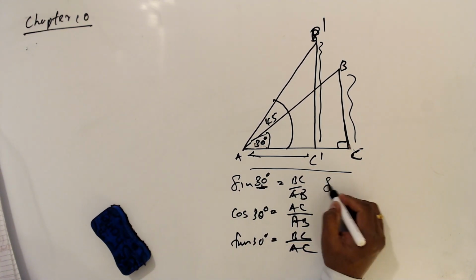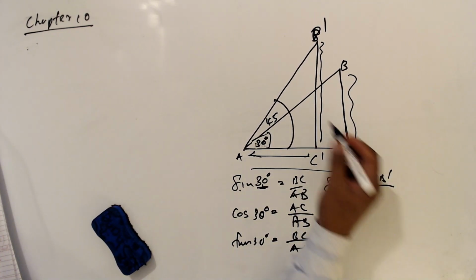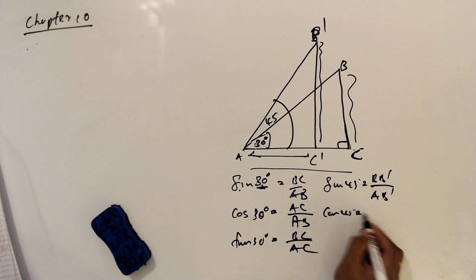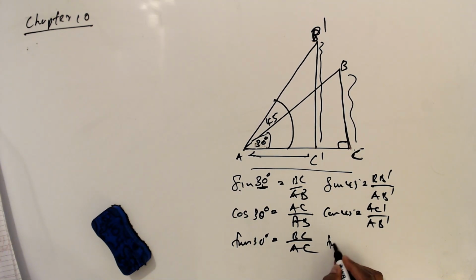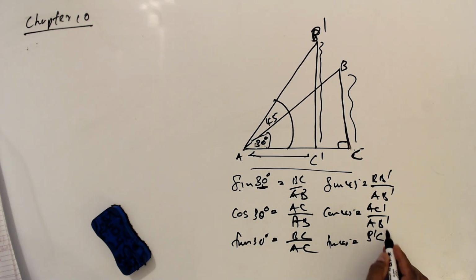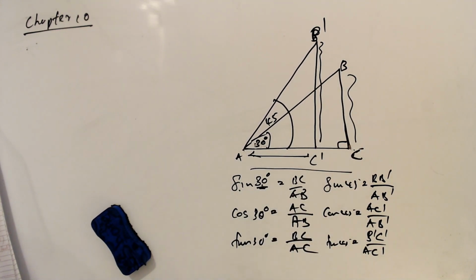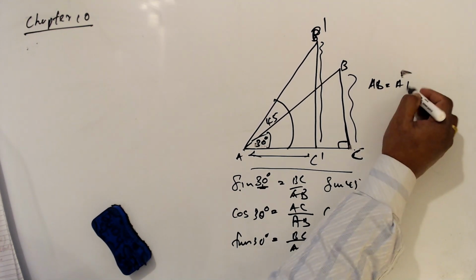So sine 45 is B dash C dash over AB dash, cos 45 means AC dash over AB dash, tan 45 means B dash C dash over AC dash. I said that the AB length is not going to move, so AB equals AB dash.